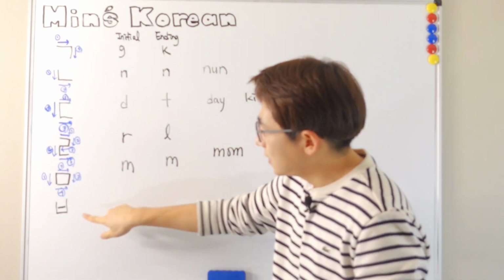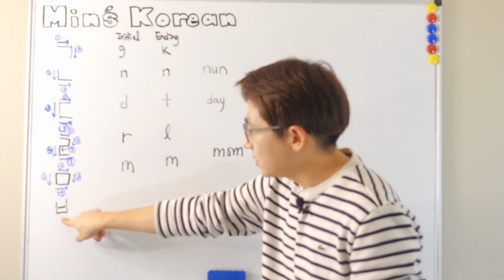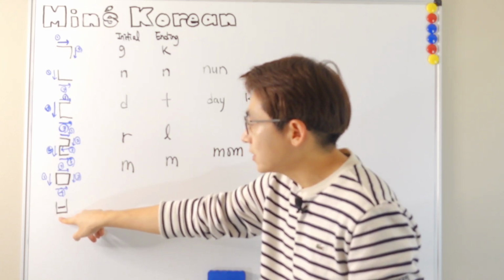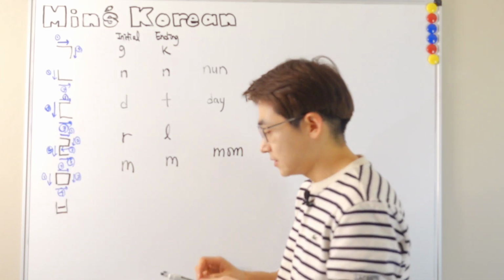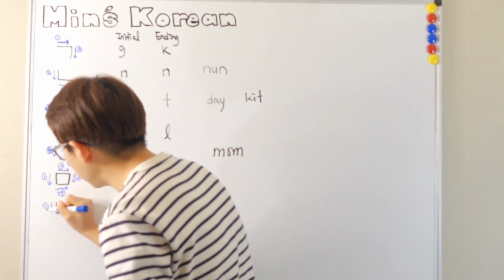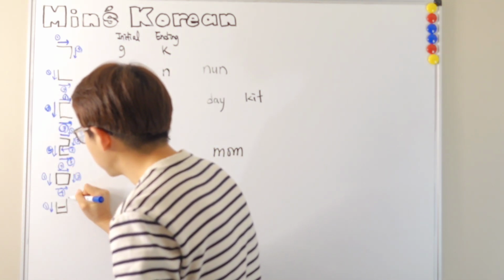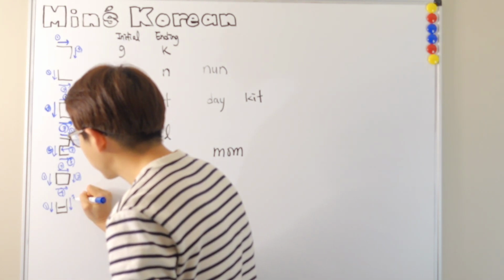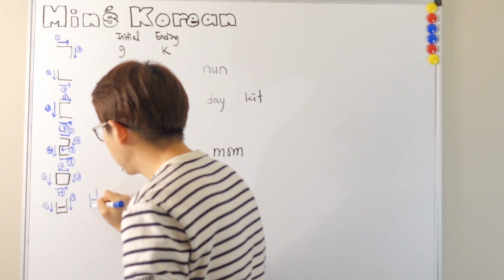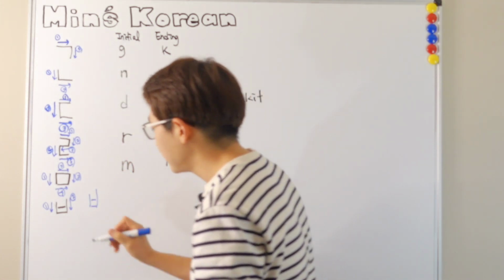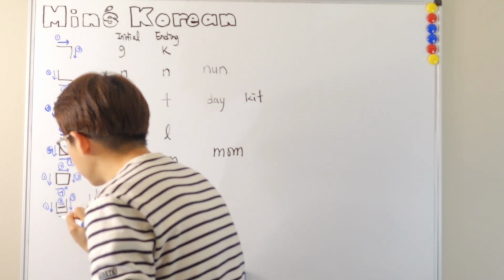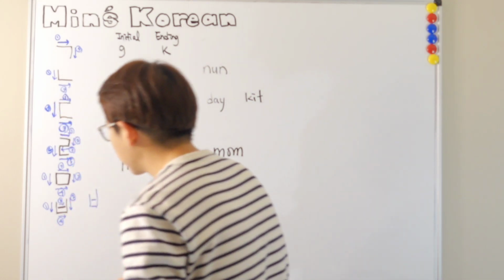Okay, and next one is this one. There's a little tip here. Always write the first one a little bit shorter than the second one. So that's the first stroke, number 1, and that's the second stroke, 2. Then you go like that, and the third and the fourth stroke.